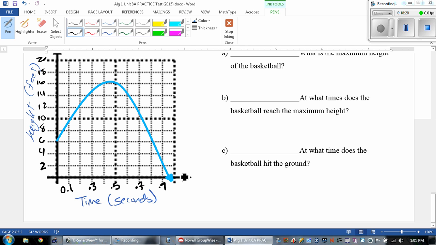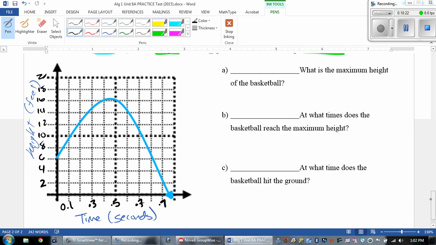Okay? So, first question. What is the maximum height of the basketball? Well, we're just going to look for the highest point. There it is. Look over here. How high is that? Yeah, that's 16 feet.